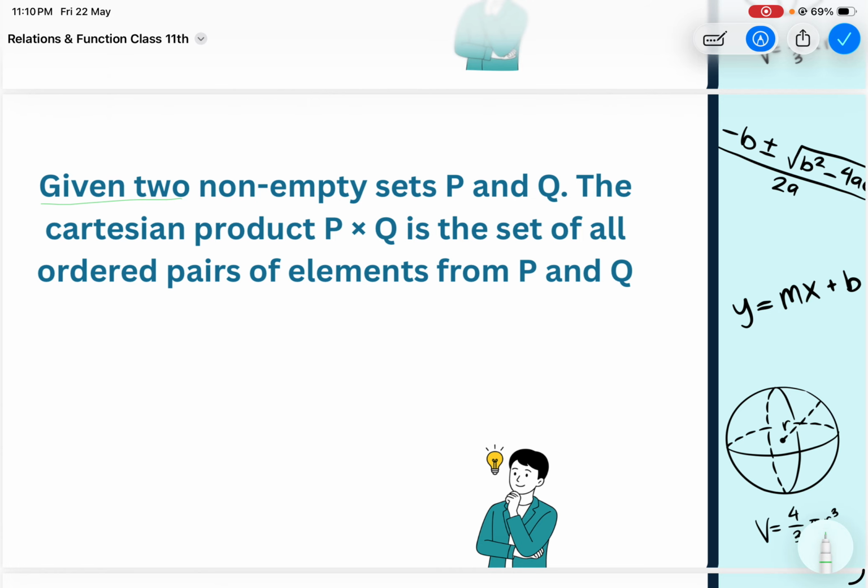Here is the definition given for non-empty sets. This is important. Non-empty means it should not be an empty set. Let me highlight the important part in a different color, red.